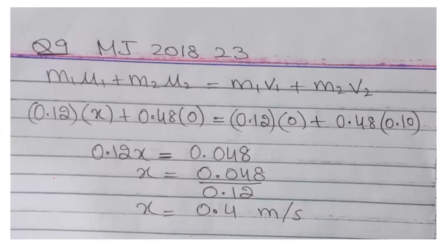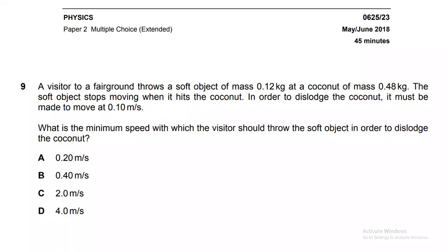So you will have 0.12x equals 0.048. So x will be equal to 0.048 divided by 0.12, and x will be equal to 0.4 meter per second. So that means the soft object must be at least at a velocity of 0.4 meter per second.